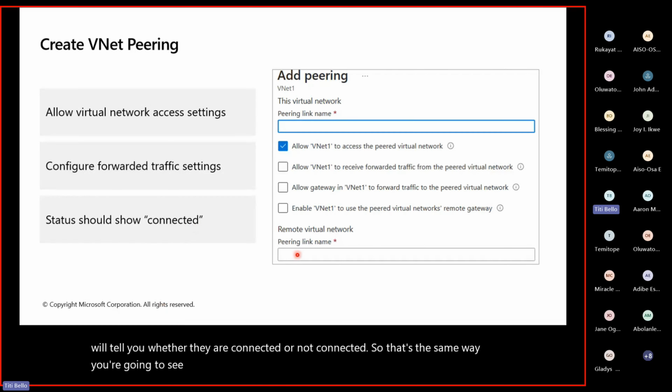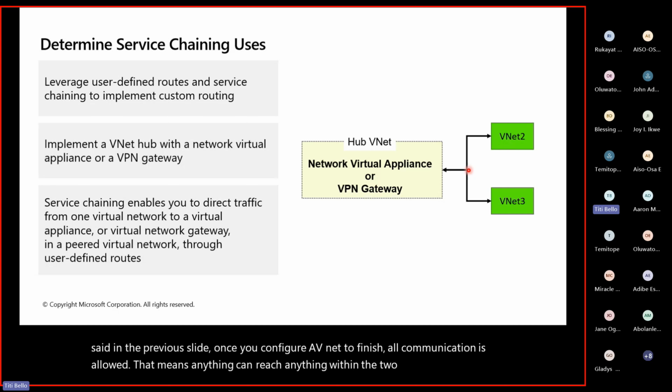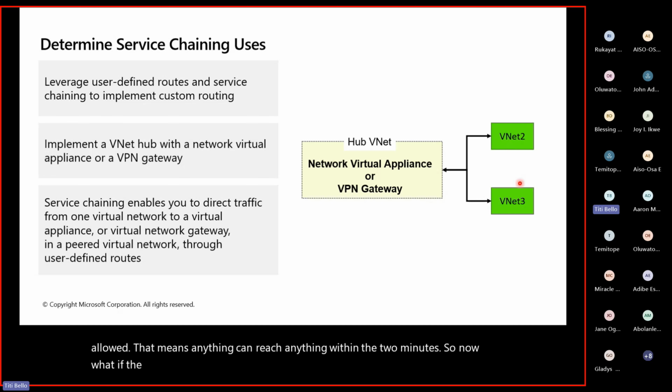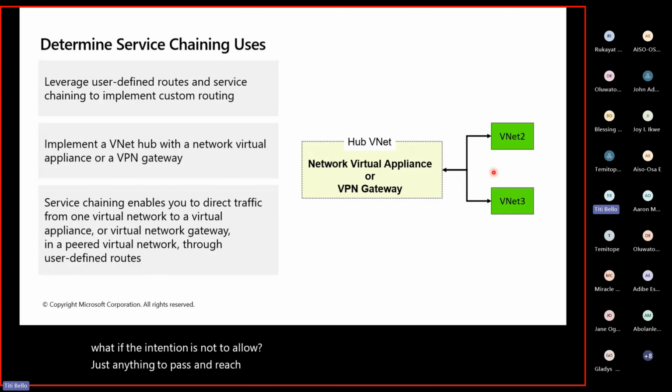That means anything can reach anything within the two VNets. So now, what if the intention is not to allow just anything to reach anything? I want a situation whereby just server 1 in VNet 3 is able to talk to server 3 in VNet 2, right? So I will have to do what we call custom routing to say, permit this particular IP address.